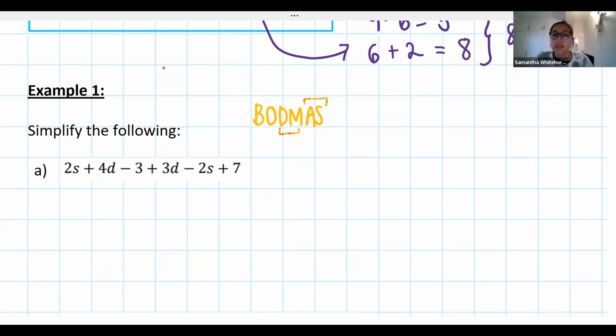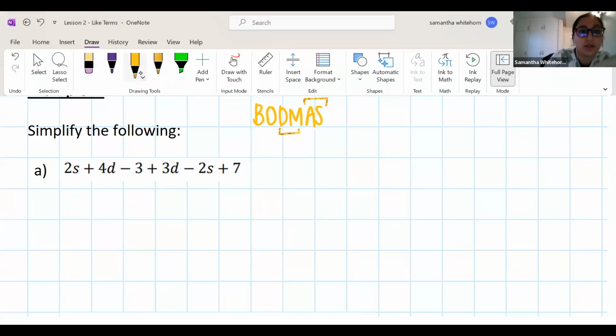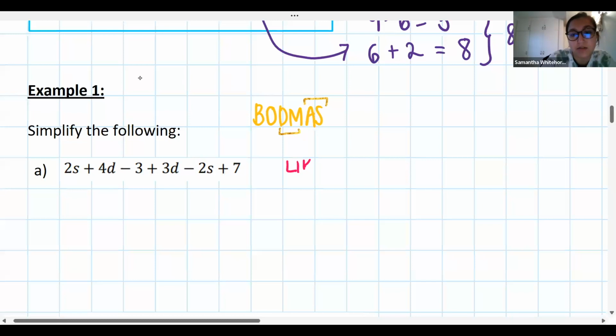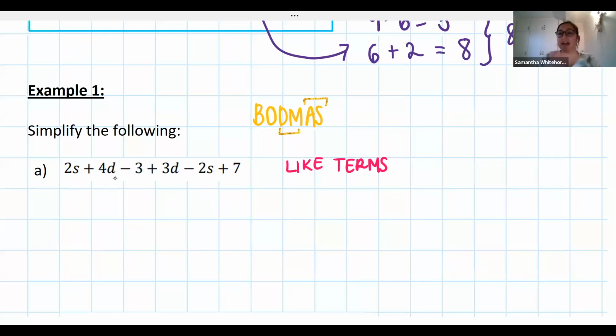So in this case, I've only got addition and subtraction. So what that means is I need to now start to identify my like terms. So remember, when we're adding or subtracting terms, we need to identify like terms for ourselves so that we know exactly which terms to add and subtract. You can't just add everything because not all of these terms are like terms.